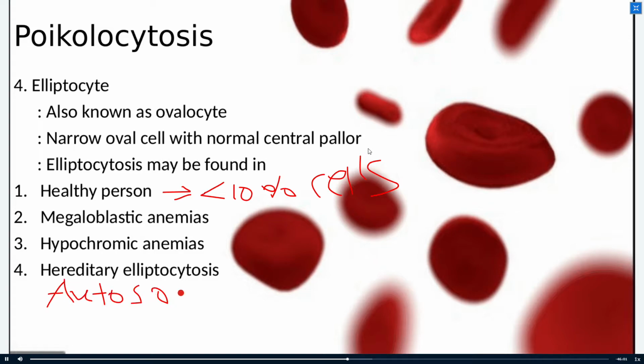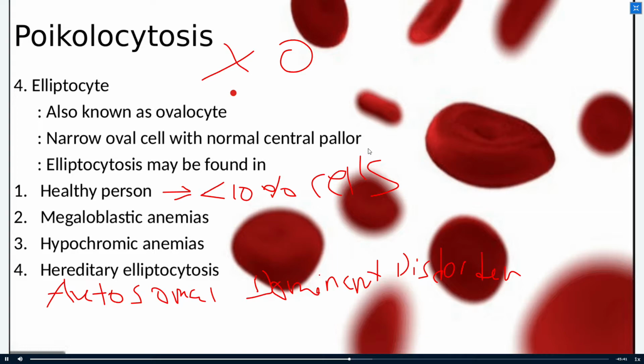Now, your hereditary elliptocytosis class is an autosomal dominant disorder. So when you say autosomal dominant class, imagine if this is the father, then this is the mother. So if the father has elliptocytosis and the mother does not have, it would still get inherited by the son.